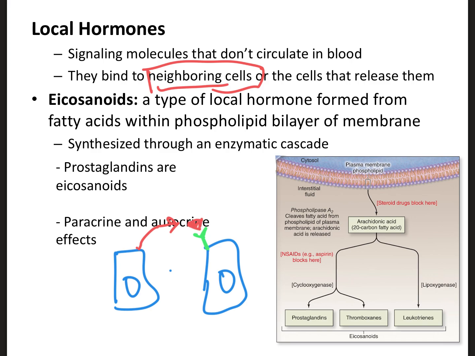We didn't pass through the blood, but cell 1 targeted cell 2. That's pretty close, right? That is what we call paracrine secretion. Endocrine secretion uses the blood. Paracrine goes from one cell to a nearby cell, somewhere close.